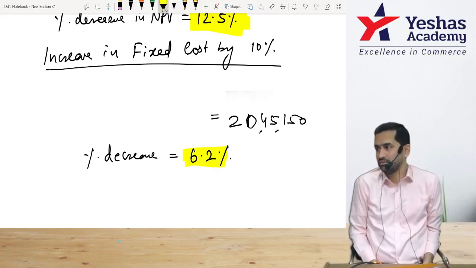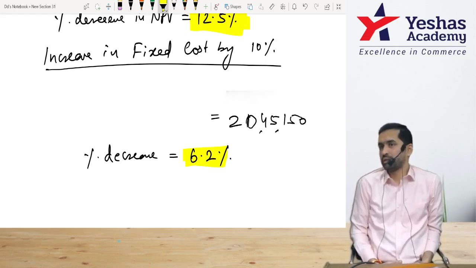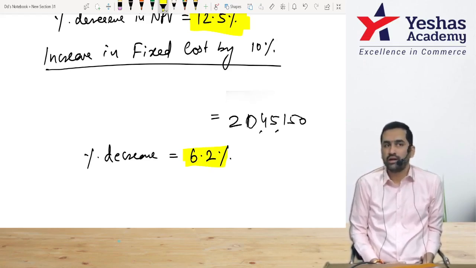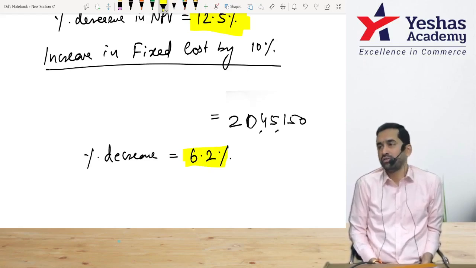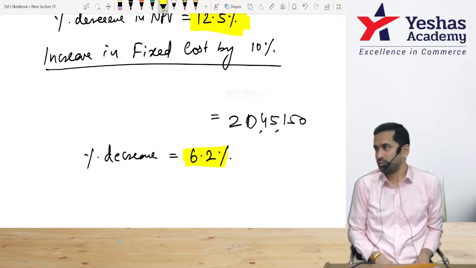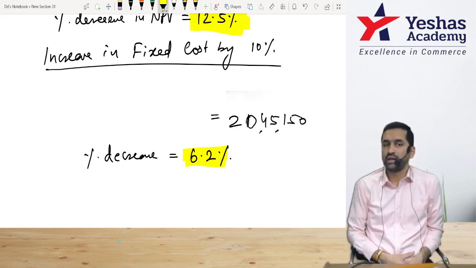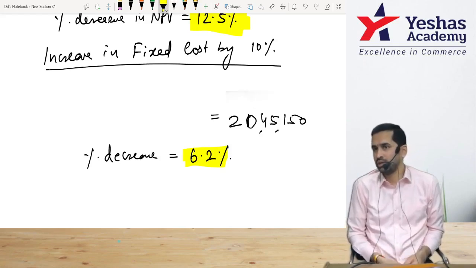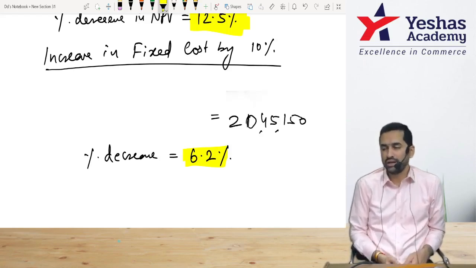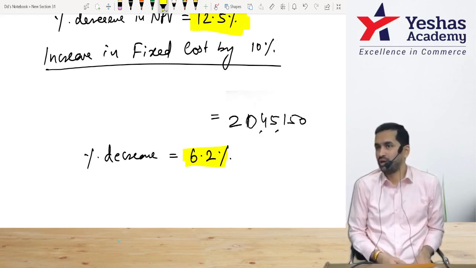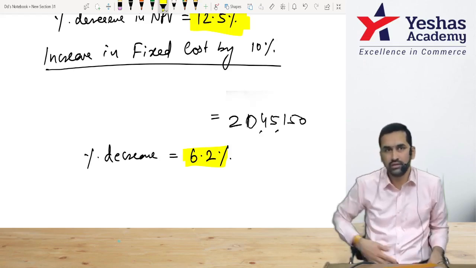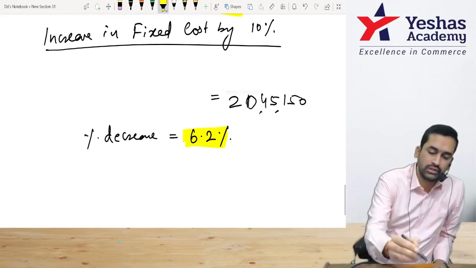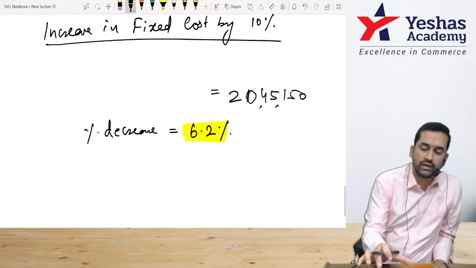If your rent, which is a fixed cost, is going up by 10%, then your NPV will not get affected much. Or if you're planning to shift from your present showroom to another showroom, a better location, rent is 10% high there, then you know not a big problem. It will only create 6% fall in NPV. But even after that, you're not getting into negative NPV. So it's not a loss, but there is a fall in NPV, which is the next item we have.